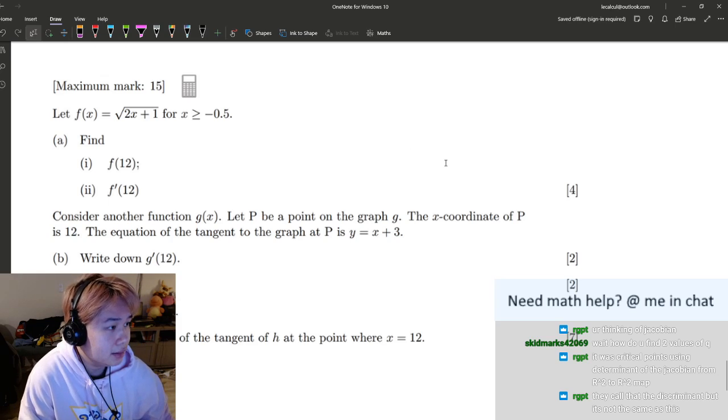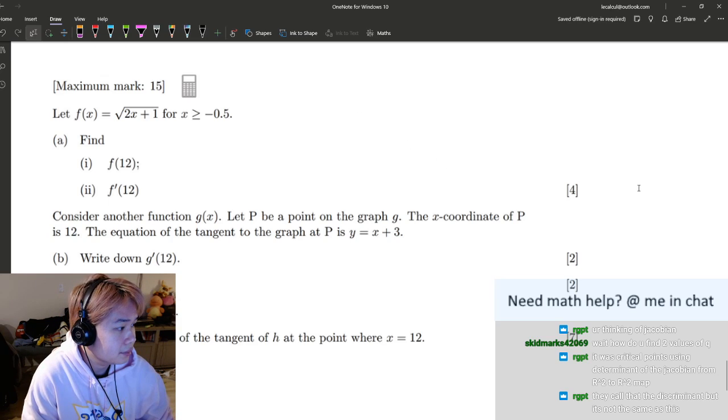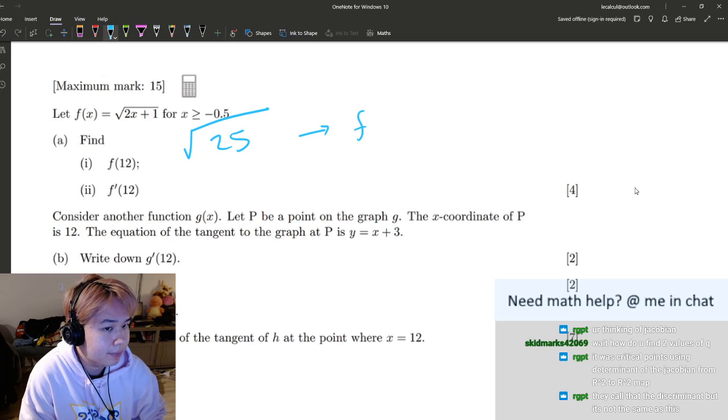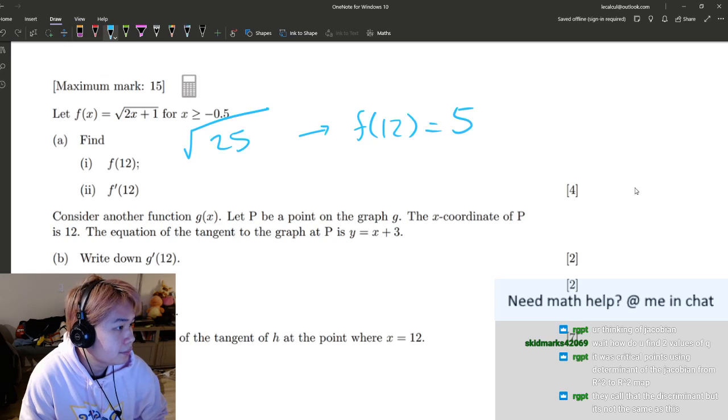Okay, let's see. We have a square root function. And then we need to find f of 12. Easy enough. I can just plug it in. So that's 24 plus 1, which is 25. So f of 12 is 5, right? Okay, then we need to find the derivative.